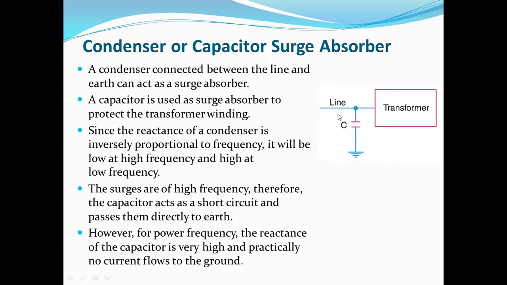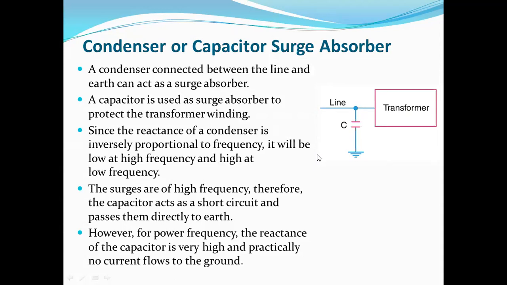The maximum current will flow through the capacitor and go to the earth, so the over voltage decreases, meaning that energy is absorbed by this capacitor. So it is called the condenser or capacitor surge absorber, meaning this capacitor is used as a surge arrestor here.